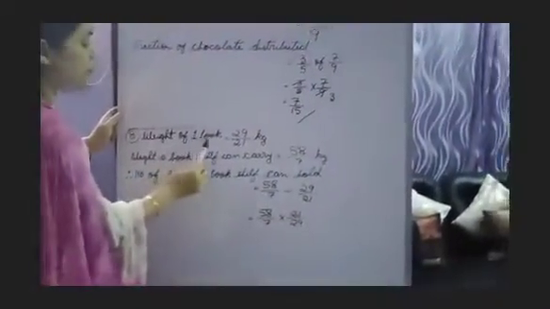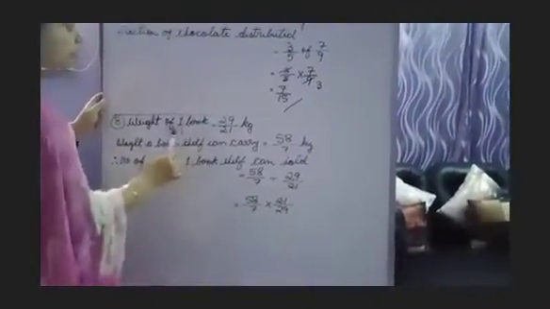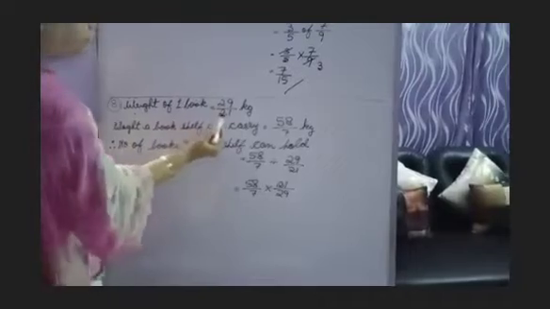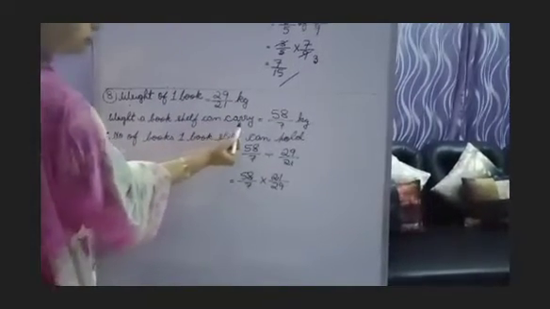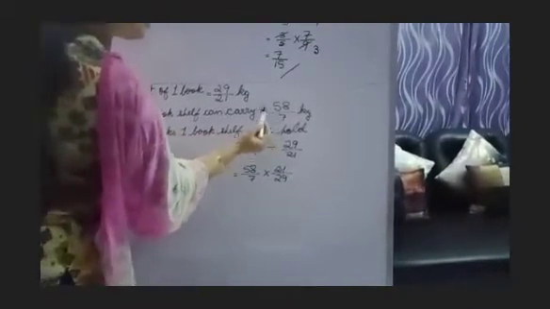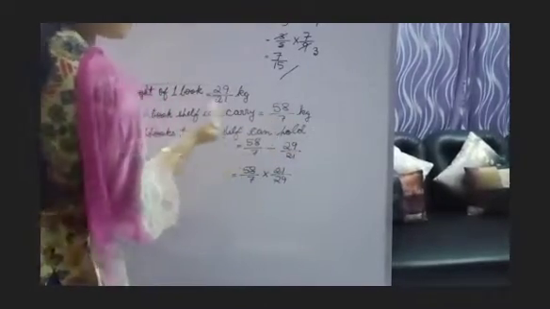Weight of one book. What is the weight of one book? 29 by 21 kg. This is the weight of one book. Weight a bookshelf can carry. This bookshelf where you are going to keep the books, it can carry how much weight? 58 by 7 kg.